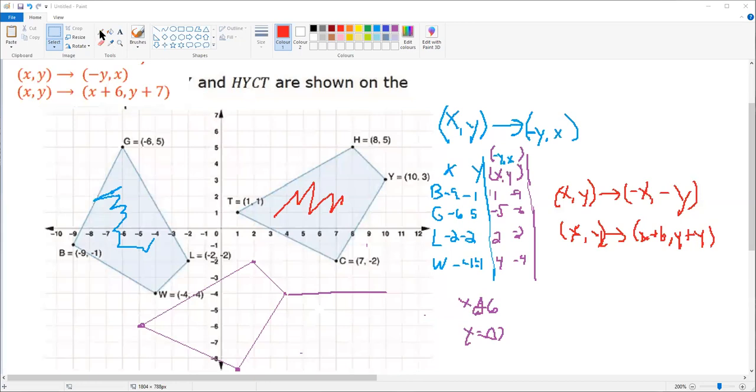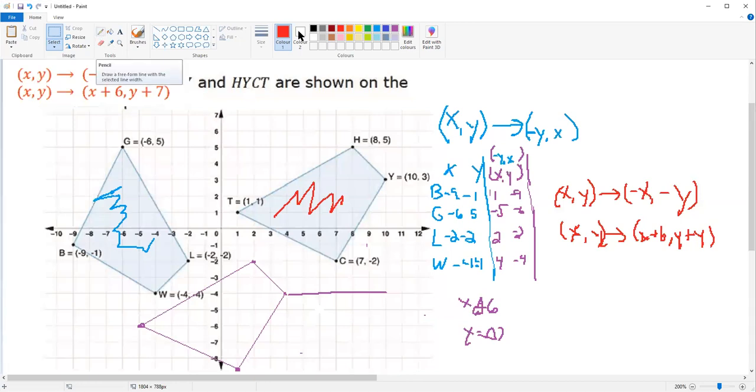All right, so finally, we have to just match the points here. So grab them here, and it looks like T and G match.